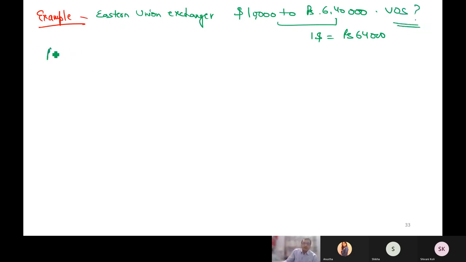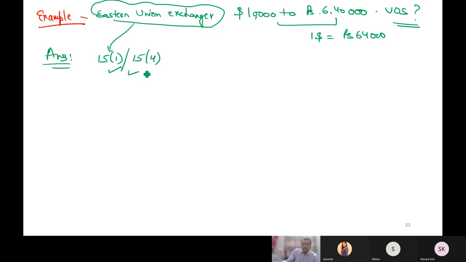Now the answer is, what is the value of supply? I can determine it under 15.1. I mean this exchanger supplier side. He can determine it under 15.1 or 15.4 as the case may be, but I'm not discussing that. Eastern Union Exchanger can compare it with rule 32.